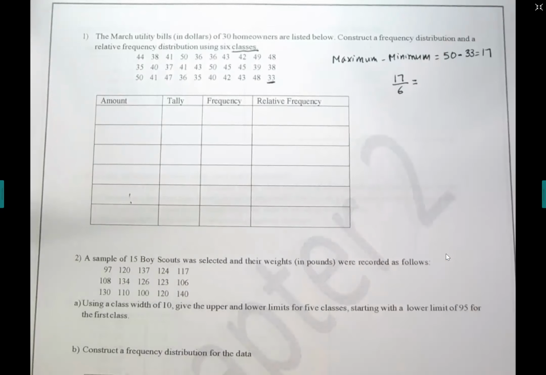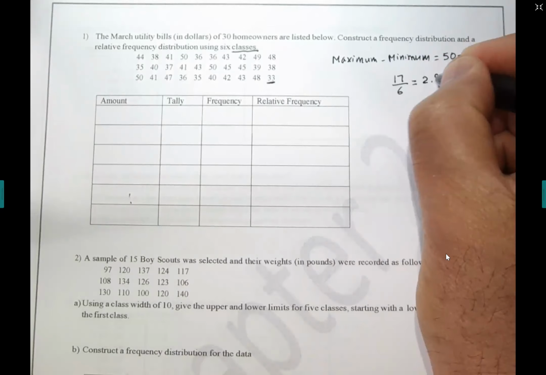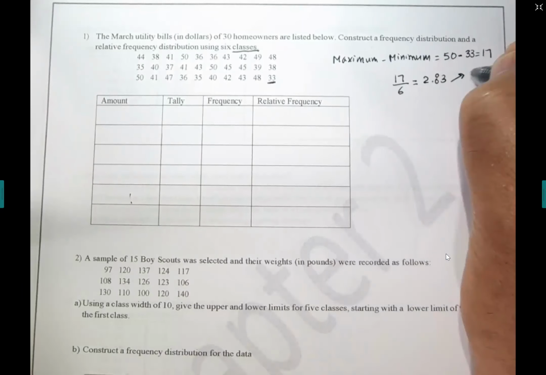And 17, if you divide it by 6, it's going to be about 2.83. You round this number up always, round it up. So 2.83, it's going to take you up to 3.